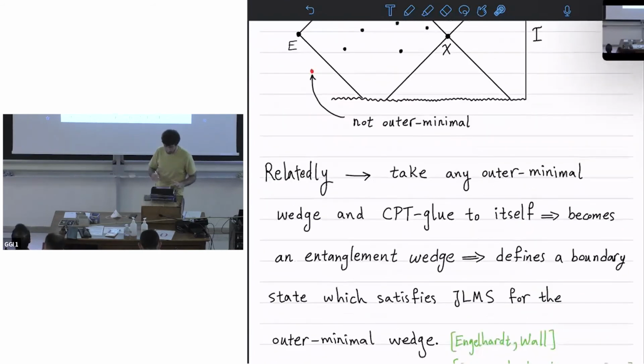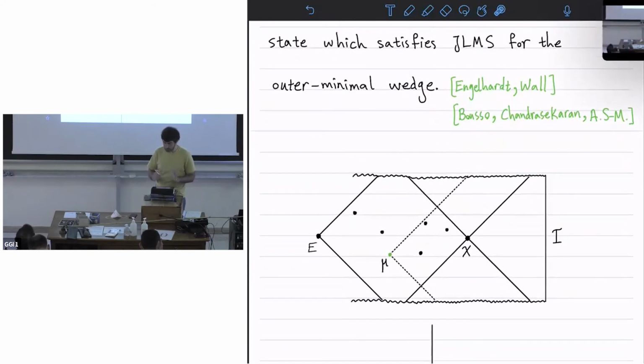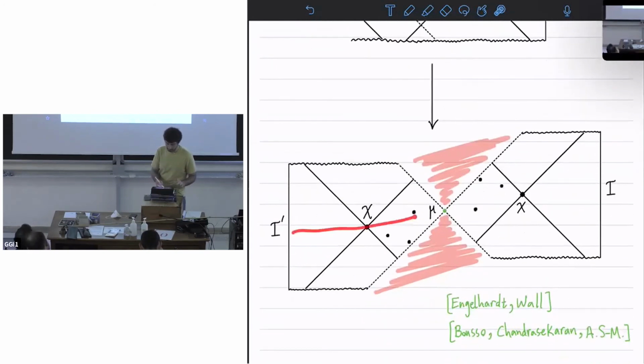this is sort of an idea that might have been alluded to in these papers, not quite in terms of bulk reconstruction, but the construction is given in these papers, where if you take an outer minimal quantum extremal surface and you CPT glue it to itself, you can define a boundary state rho.